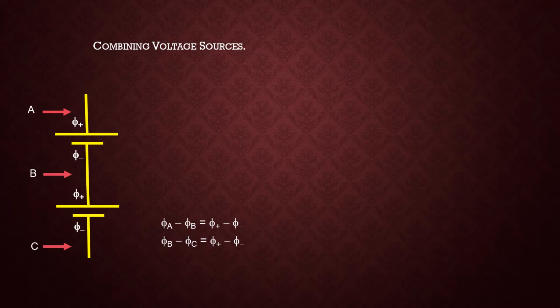Again, these are set by the sources. If I look at the potential difference between points A and C, I see that I now have double the potentials of the individual devices. So I would, in effect, create a voltage. By creating the series arrangement, I would have a device that gives me double the voltage of a single device.